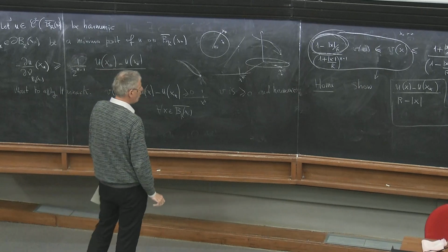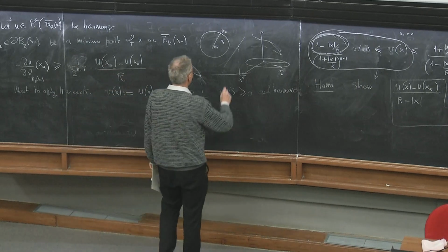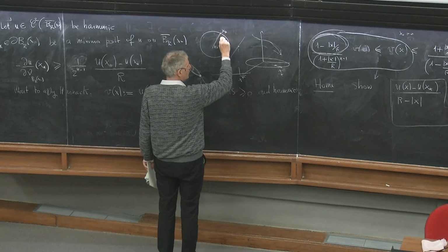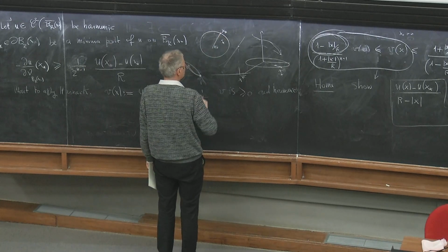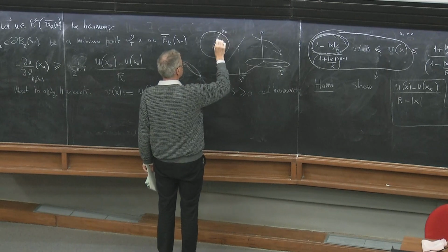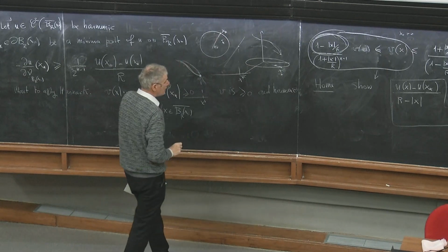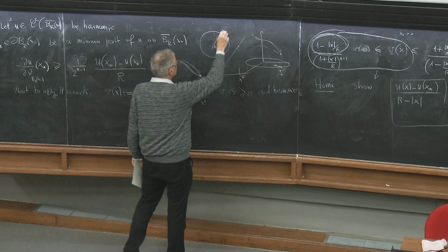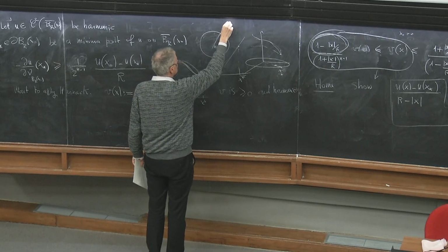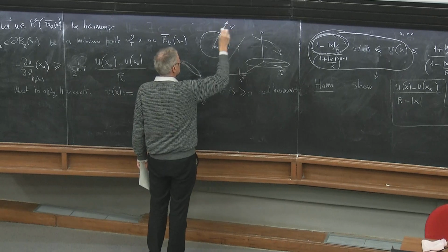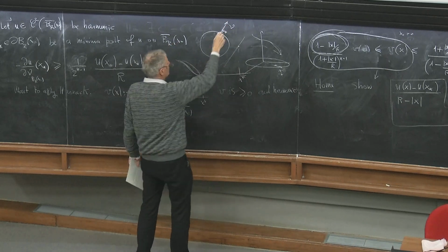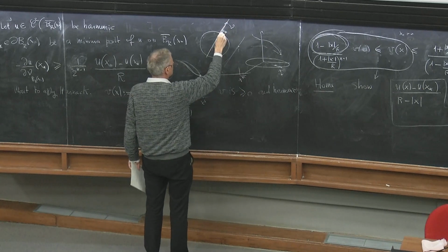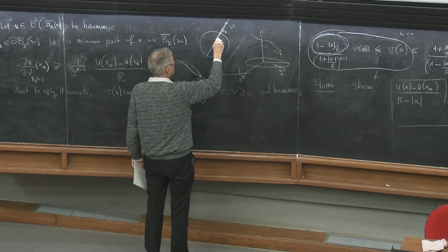We have controlled from below the value of u here minus the value of u here, divided by r minus x. And now the idea is to take exactly that inequality. So here you have a normal, so you can take the inequality along this line.